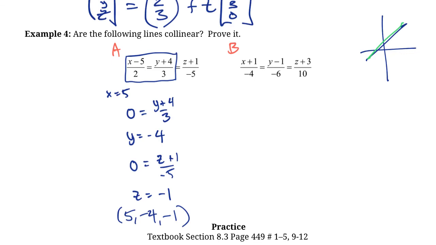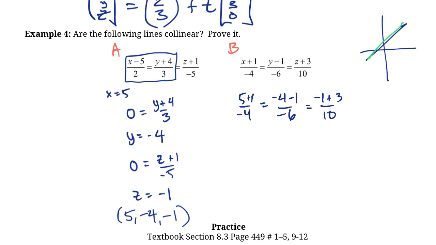If the lines are collinear, this point should also be on this line. How can we check that? Well, we can just plug this point into this line and see if everything works out. Let's try it. So 5 plus 1 over negative 4 equals y, which is negative 4, minus 1 over negative 6 equals z, which is negative 1, plus 3 over 10.